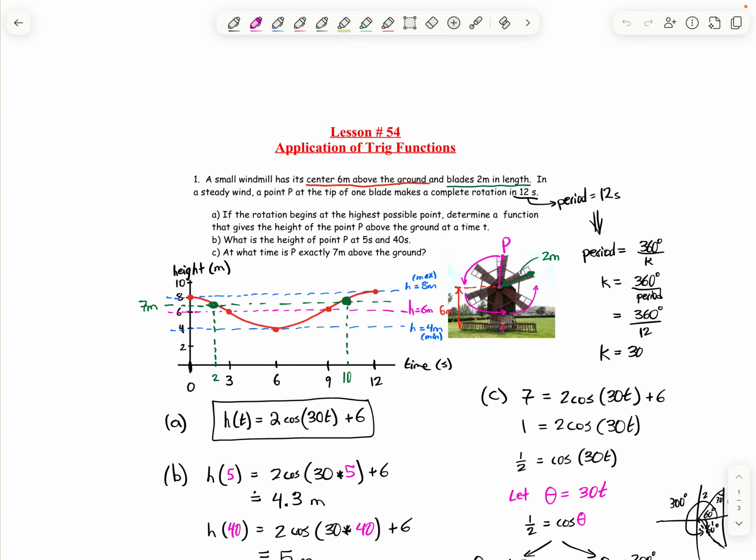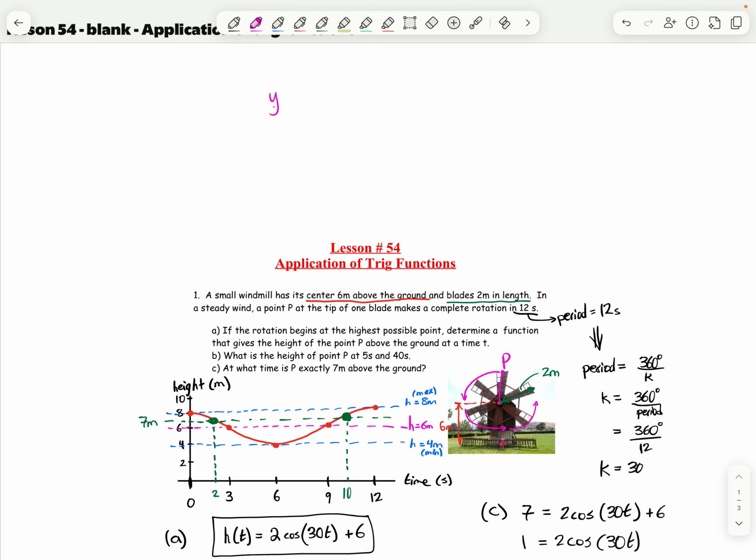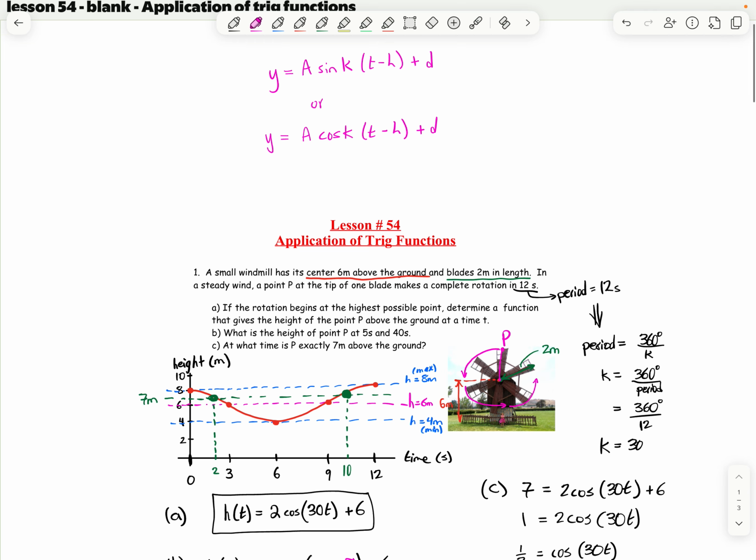Okay, so for these problems, we're usually building a function like y equals a sine k(t minus h) plus d, or y equals a cos k(t minus h) plus d, where the variable t represents time.